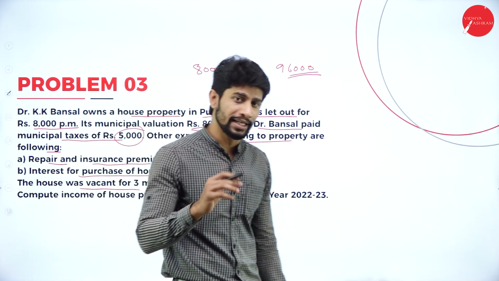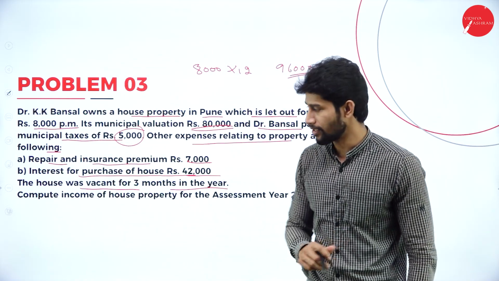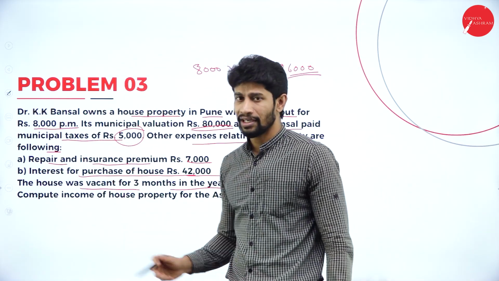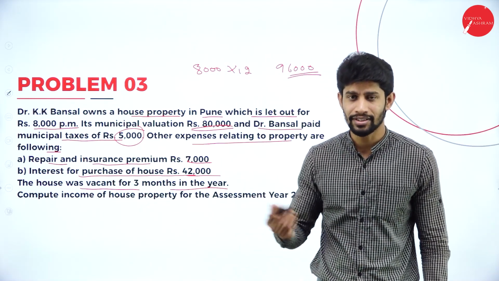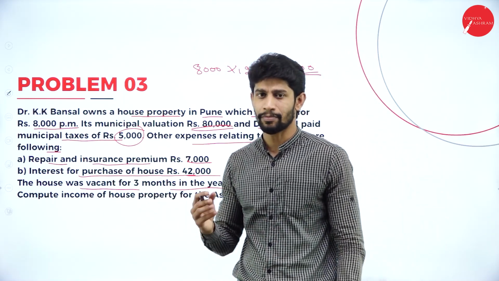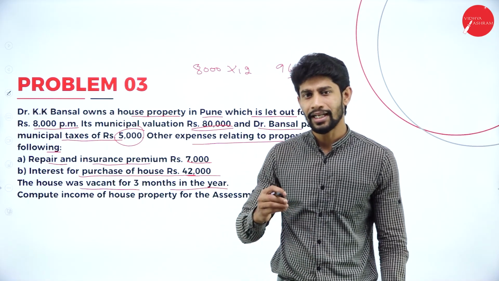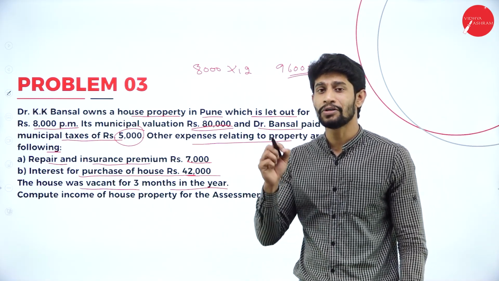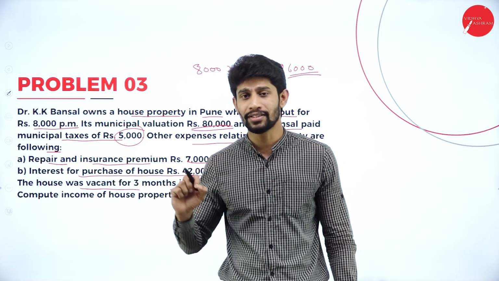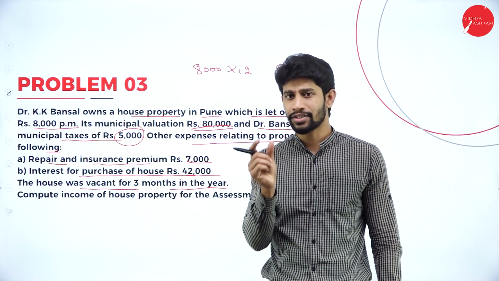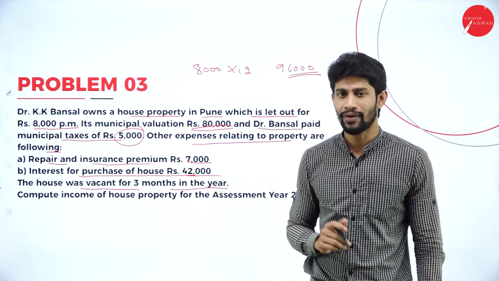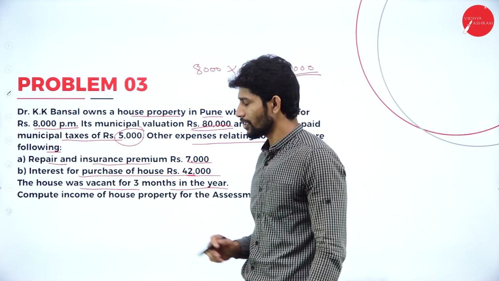In the problem, he'll give different expenditures like repair charges, insurance premium, collection charges, and other expenses like painting charges. Okay, he'll give different expenditures, but we will not be considering any expenditures except the standard deduction of 30% of annual value and interest on loan.